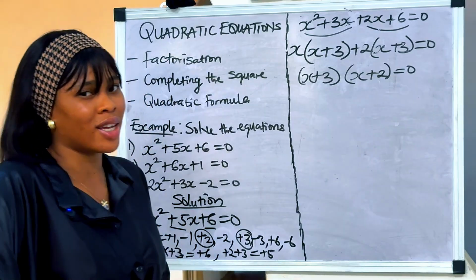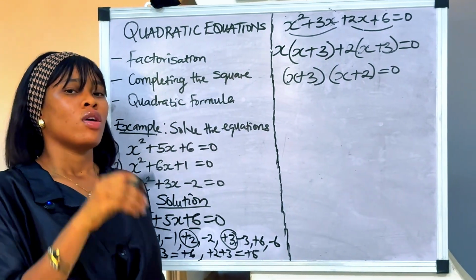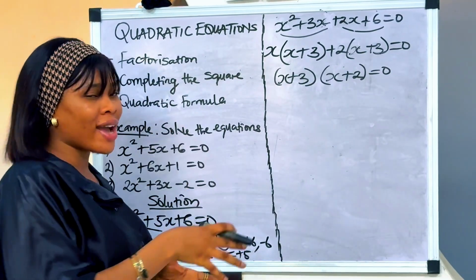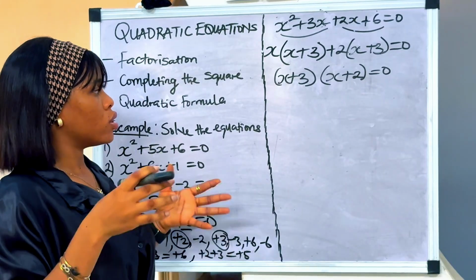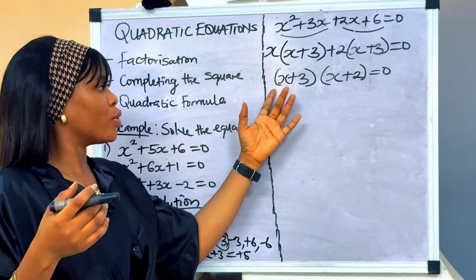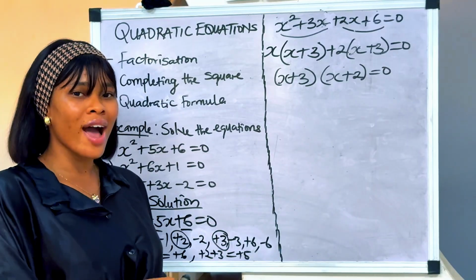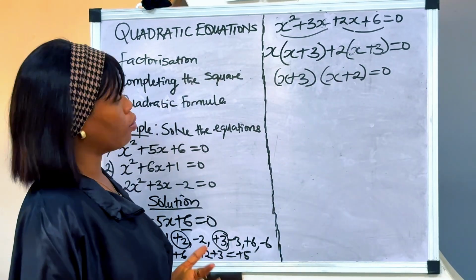Now remember, this is an equation, and whenever you are asked to solve an equation, you are asked to find the value of the variable. We know that the unknown is x here, and we are asked to find x. Now, how do we find x from here?